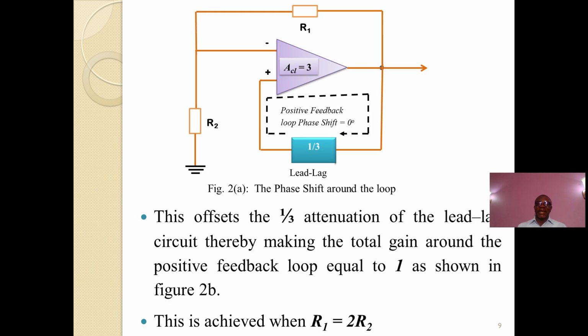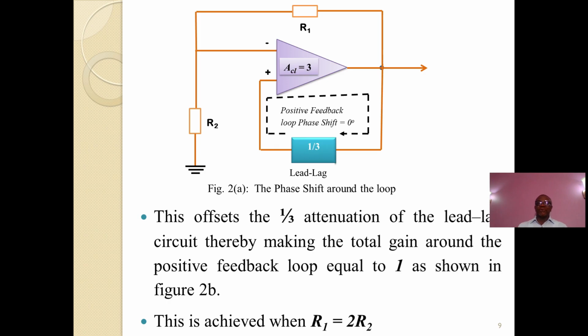For oscillation to take place, the positive feedback loop phase shift must be equal to 0, and the attenuation, which happens as a result of the losses in the lead lag circuit, must be compensated by the amplifier gain being equal to 3.